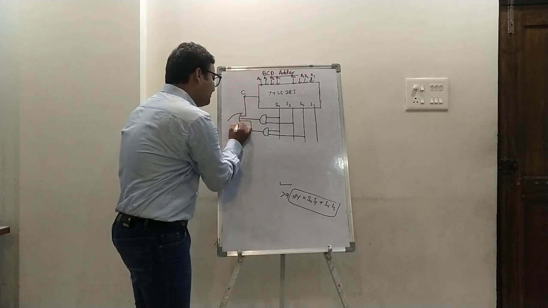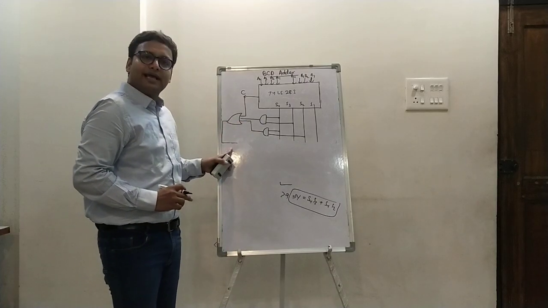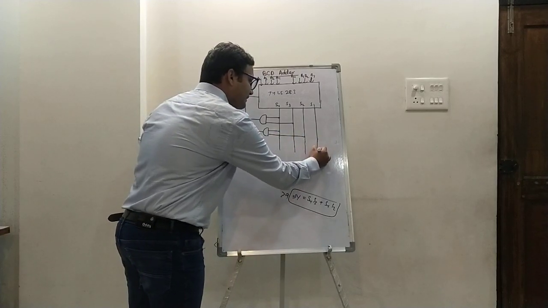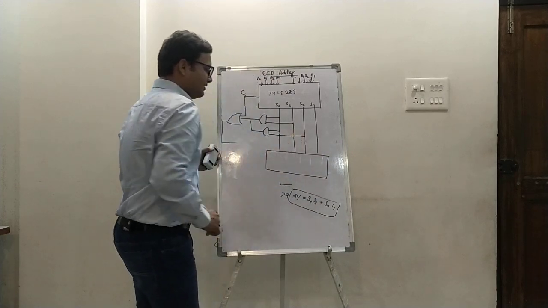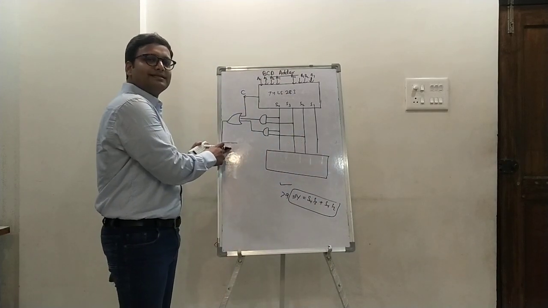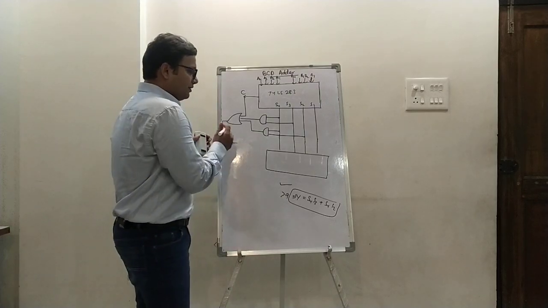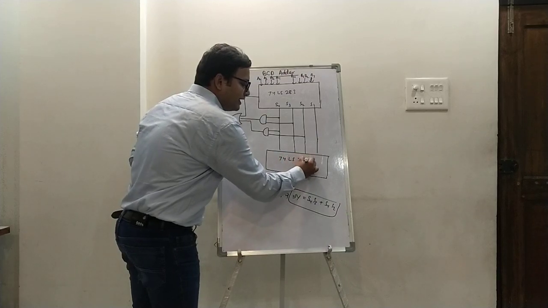If any of these inputs is 1, then I need to add 0110, because the BCD is invalid. So what I have to do here, again I have to take one more IC which is 74LS283.